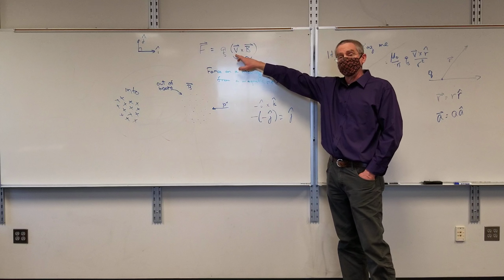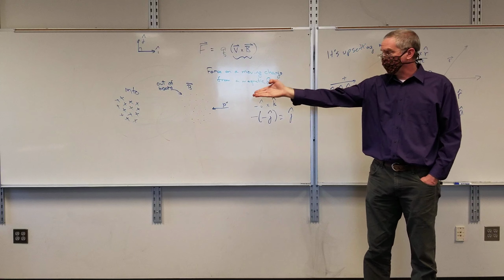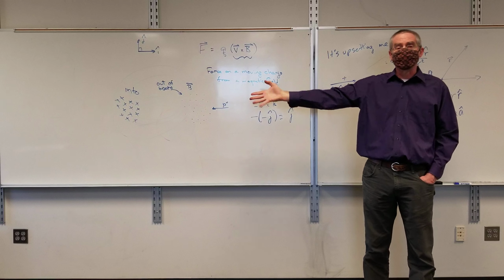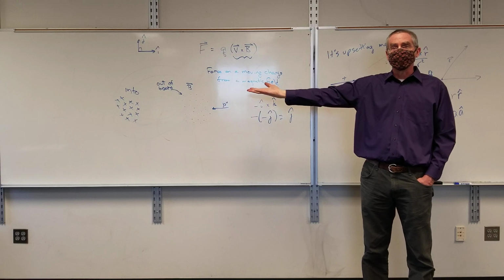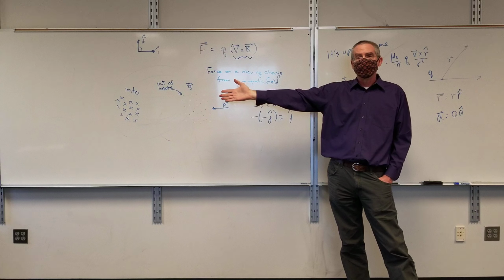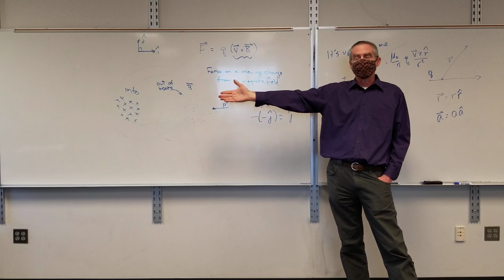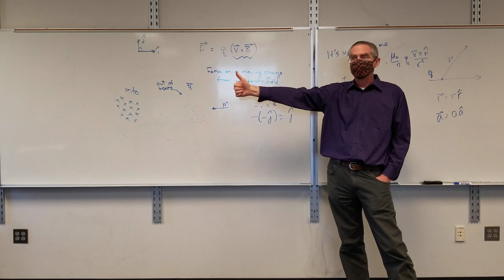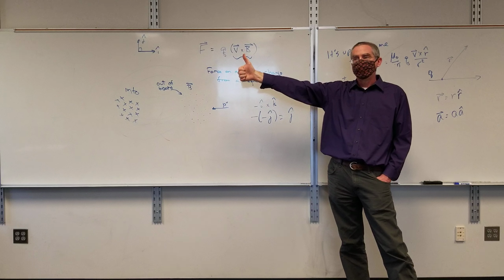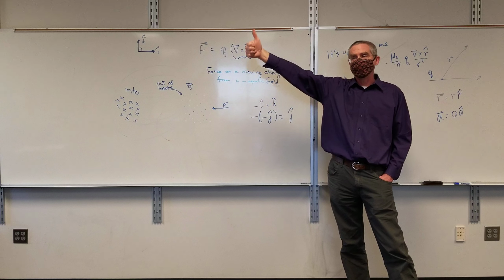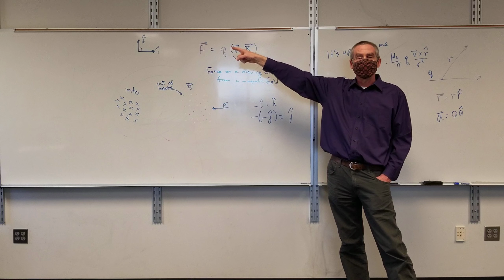Our first vector is V. I've got 360 degrees of orientation, so I want my hand oriented so that when my fingers bend, they bend the fastest way toward the second vector. B is coming at you, so I do it like that, and my thumb points upwards. So the cross product of this velocity and that magnetic field is up, which is J hat, given that definition over there.